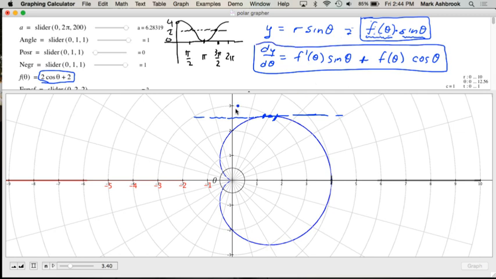Now for our graph, the one we have, what is dy d theta? What's f prime of theta? So we come to here. It'll be -2 sine theta times sine theta plus 2 cosine theta plus 2 times cosine theta.